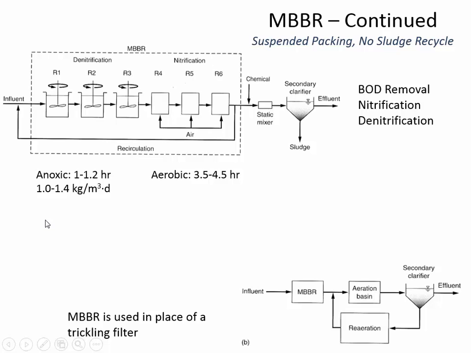And so the suspended packing with no sludge recycle doesn't mean you have no recirculation. Here you can see it's a liquid recirculation, not a sludge recirculation, and having the option for a liquid recirculation just ensures that during low flow periods the volume inside the reactors doesn't go too low.